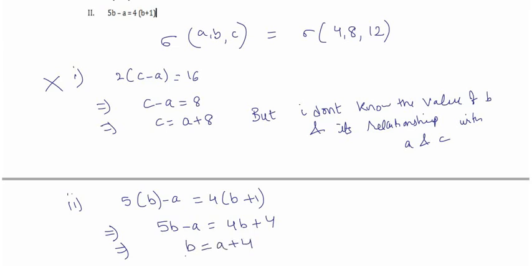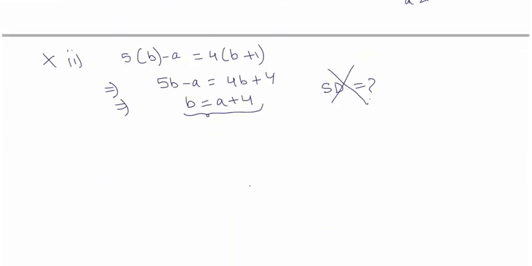So again, this is a relationship between a and b, but c is missing. So using the second statement also, I cannot calculate the standard deviation. I cannot calculate using statement 2 alone the standard deviation. So let me combine both these statements, both 1 and 2.